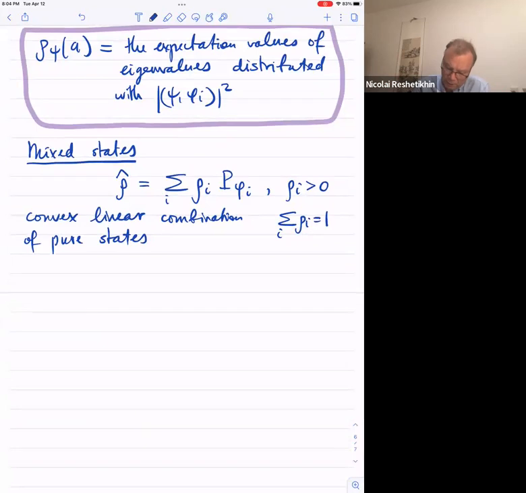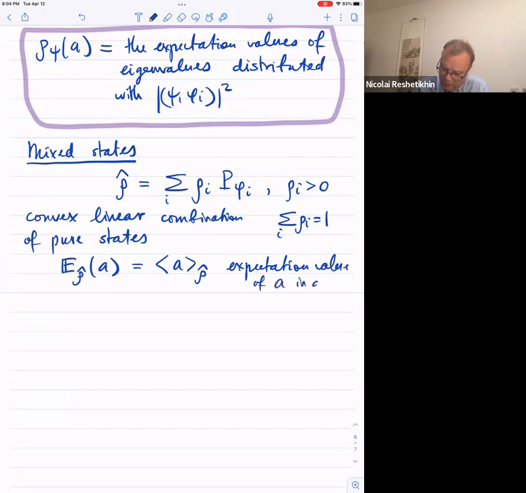So now let's look at this. There are several ways to denote expectation value. This is a mathematical way. This is how physicists denote it. So this is the expectation value of A in a state rho.